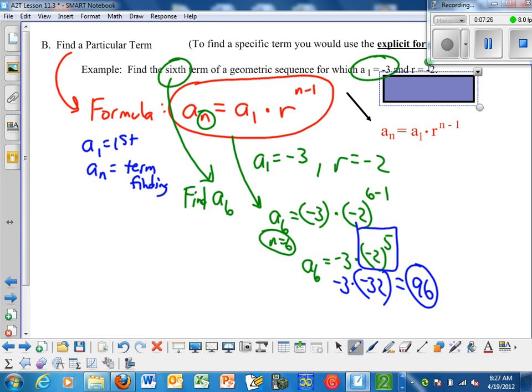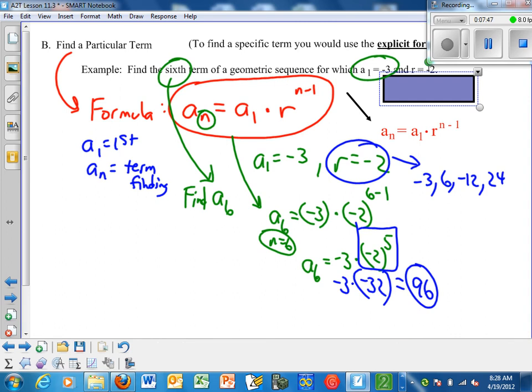Now, you're only finding the sixth term, but you could start listing out the terms. But you have to know how to use formulas. For instance, A1 is negative 3, and we multiply by negative 2. If I took my first term, negative 3, and multiplied by negative 2, I'd get 6. Times negative 2, I'd get negative 12. Times negative 2, I'd get 24.